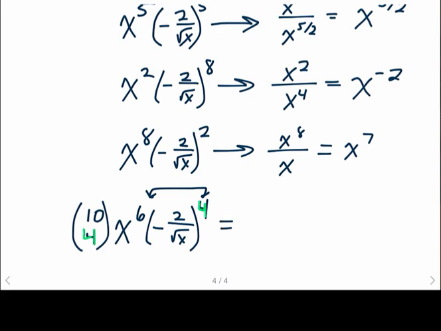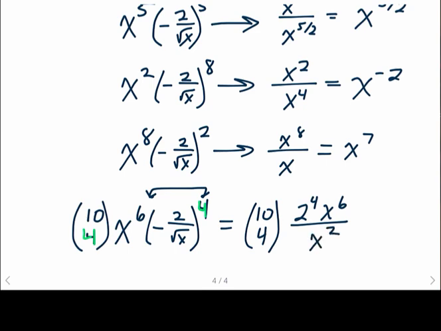So I see this term is going to be 10 choose 4, and I'm using equals now because I'm actually writing the same thing, times 2 to the fourth x to the sixth divided by x squared.